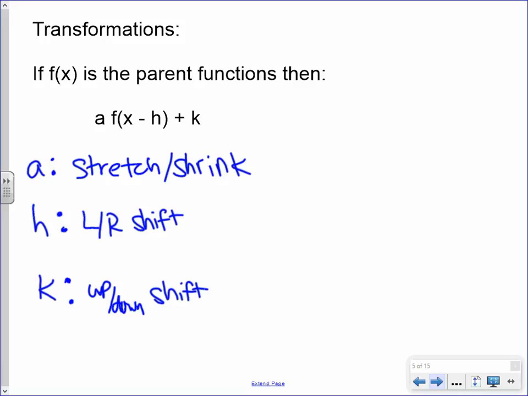Is there a question? Where's the 4? Sorry. Is that better? Okay, I'm sorry about that. Okay, if the negative is out here in front, what kind of reflection do we have?